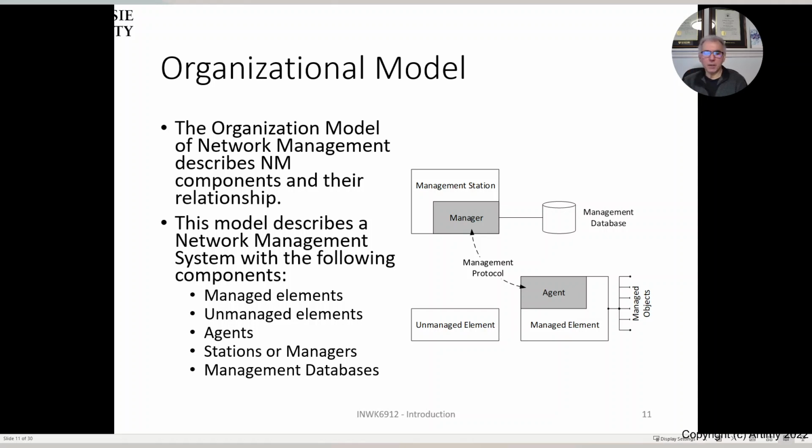Sometimes the information is a string. So if I want to ask about the location of this managed element, which could be one of the managed objects, the location could be a string, could be latitude and longitude, could be an address, right?